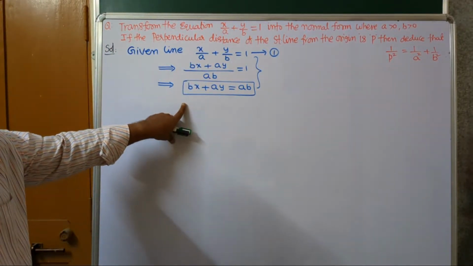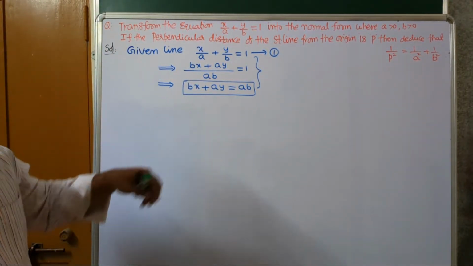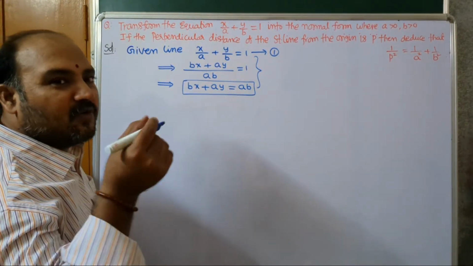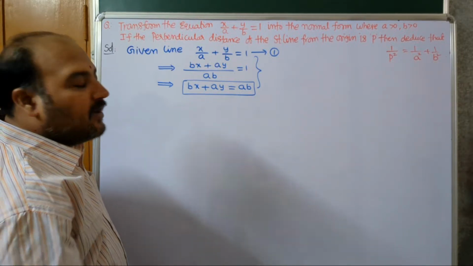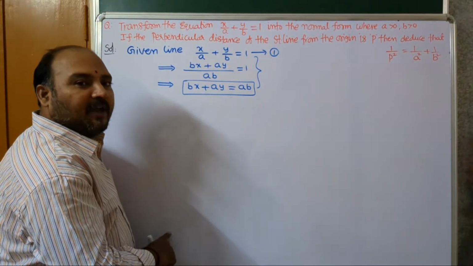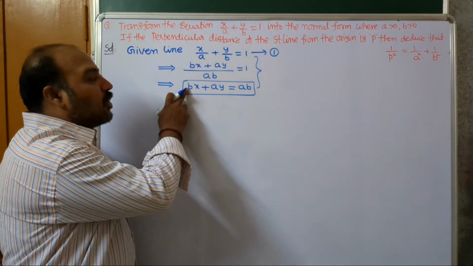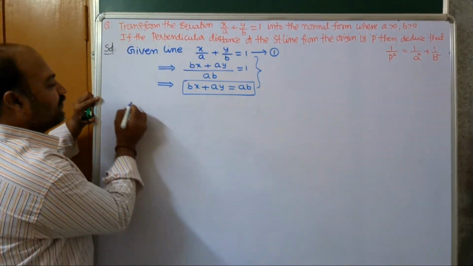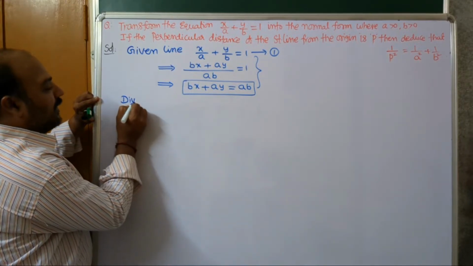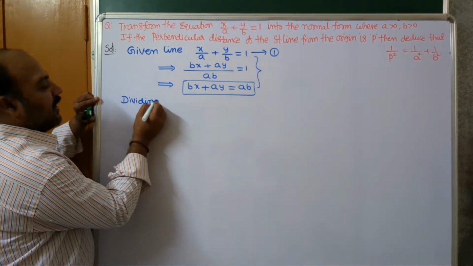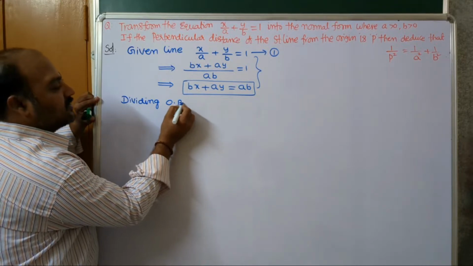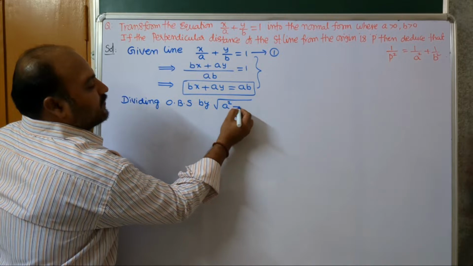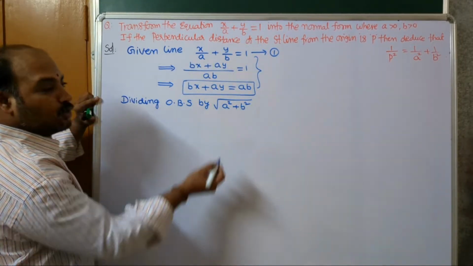After reducing into this form, we have to convert into the normal form. What is the procedure to convert into the normal form? Dividing on both sides by root of x coefficient whole square plus y coefficient whole square, that means root of a square plus b square.